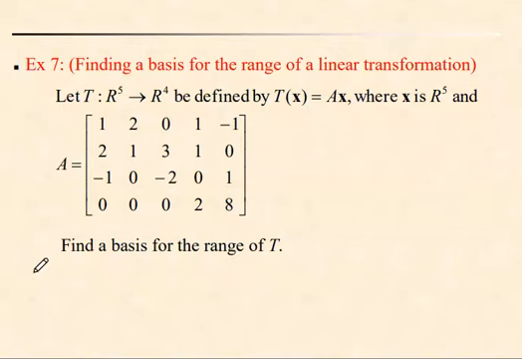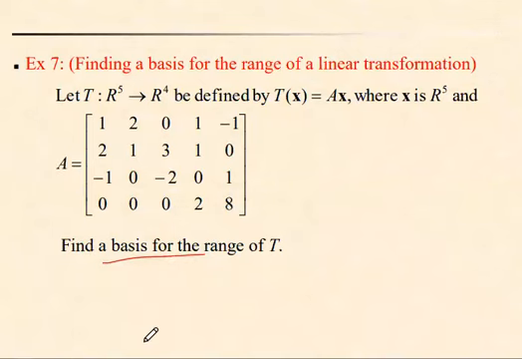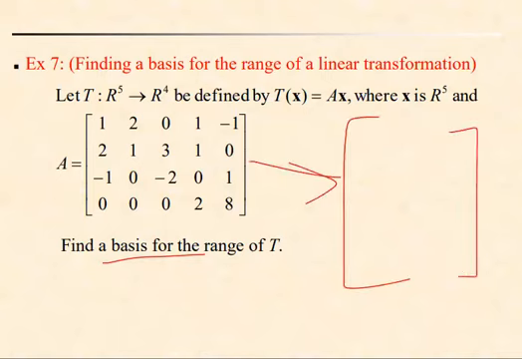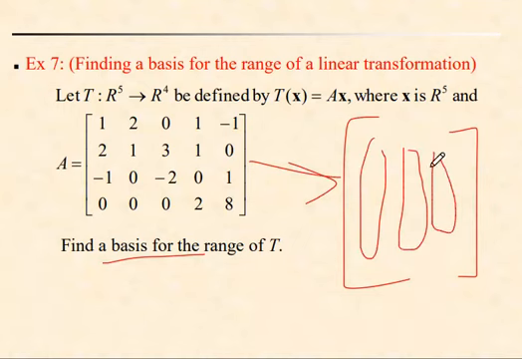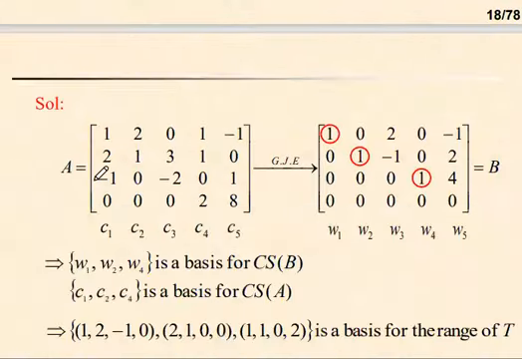Then find the basis for the range of T. How do you find that? Find the column space, find the basis of the column space. Reduce this matrix to row echelon form, and you can analyze the columns of that matrix. Let's analyze that. Okay, can do that.